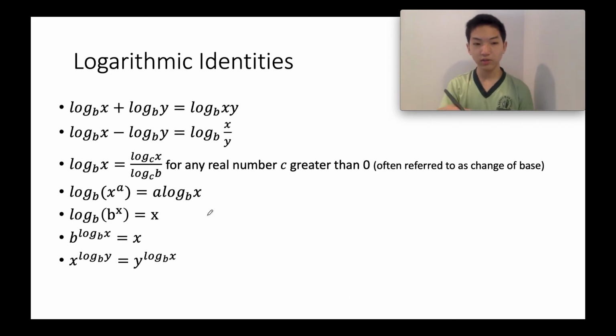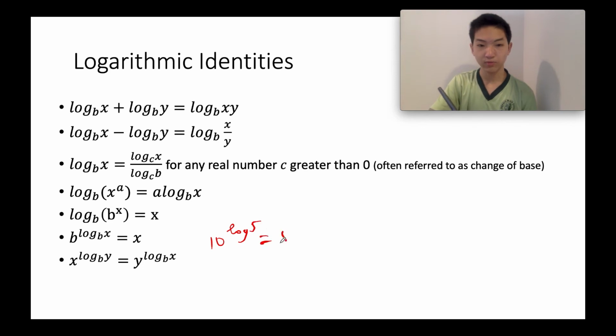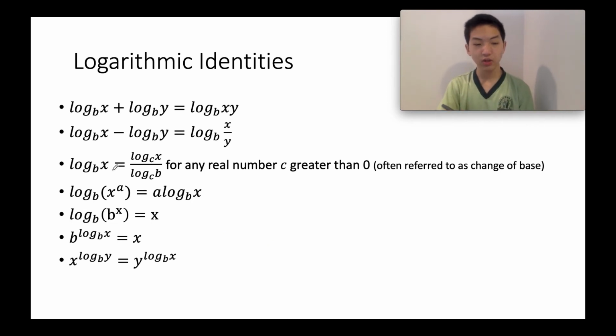And next, down here we have b to the log base b of x is equal to x. So for here, if for example we had 10 to the log 5, that would just be equal to 5. And then now we have x to the log base b of y is equal to y to the log base b of x.